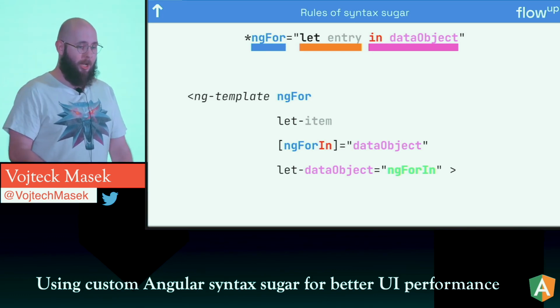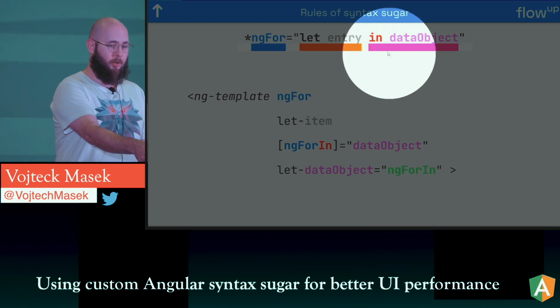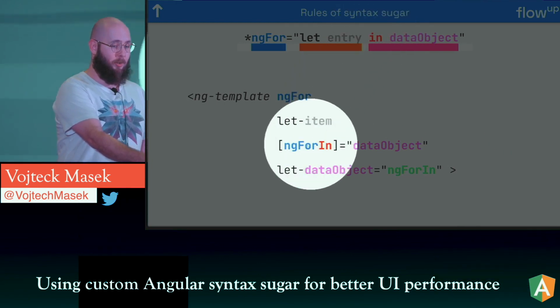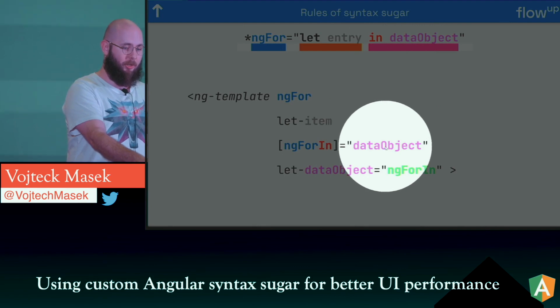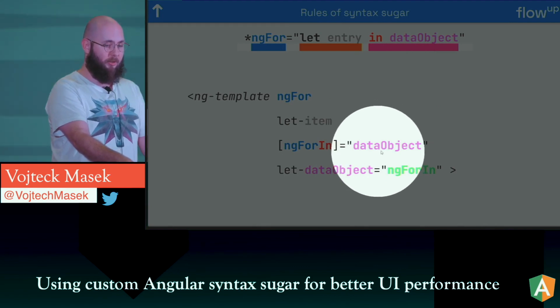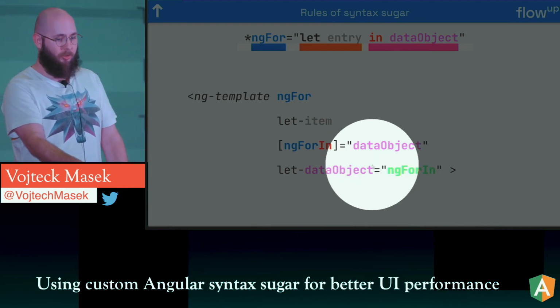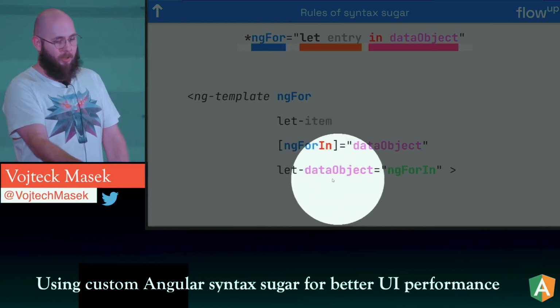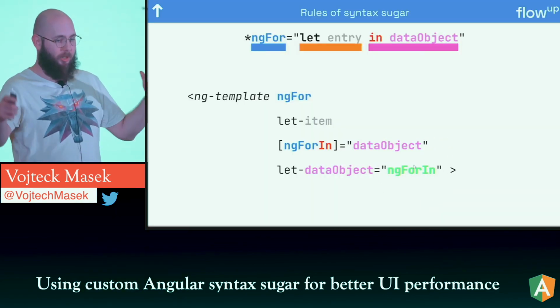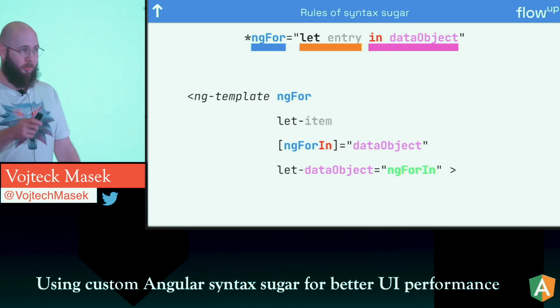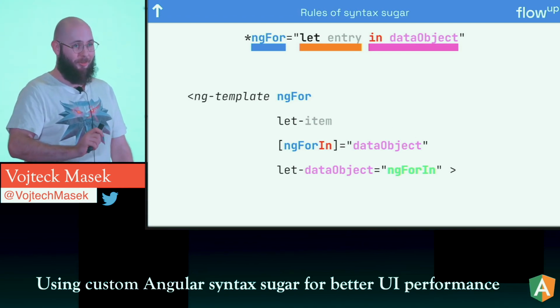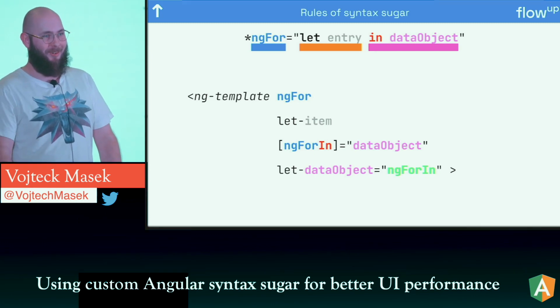So what will happen? It will take this in, concatenate it with the prefix, put the dataObject in it, so we can split the dataObject into entries, and then do rest of the stuff that ngFor would normally do. If you are interested in the implementation, this is not a 3-liner like the ones before.